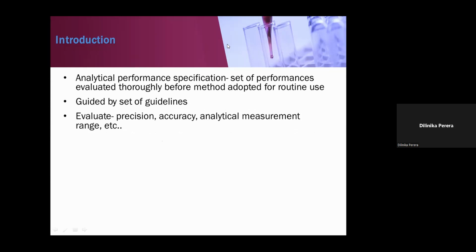So there are certain performance specifications that have to be fulfilled in order to adopt the method for routine use. These performance specifications are guided by a set of guidelines. What we are going to evaluate is the precision, accuracy, analytical measurement range, etc. I will discuss each one separately.